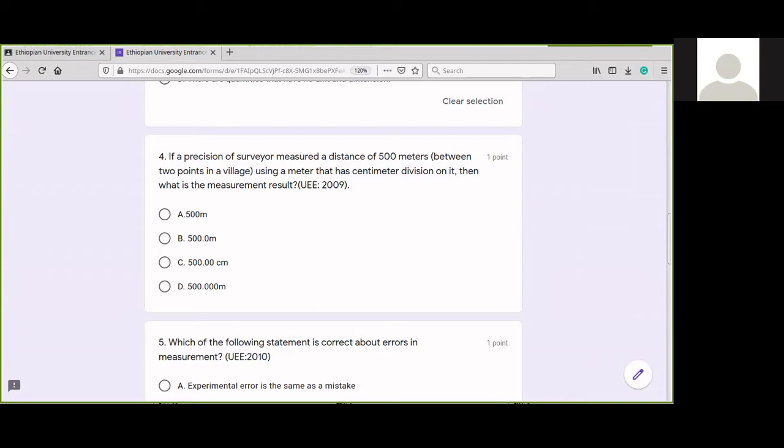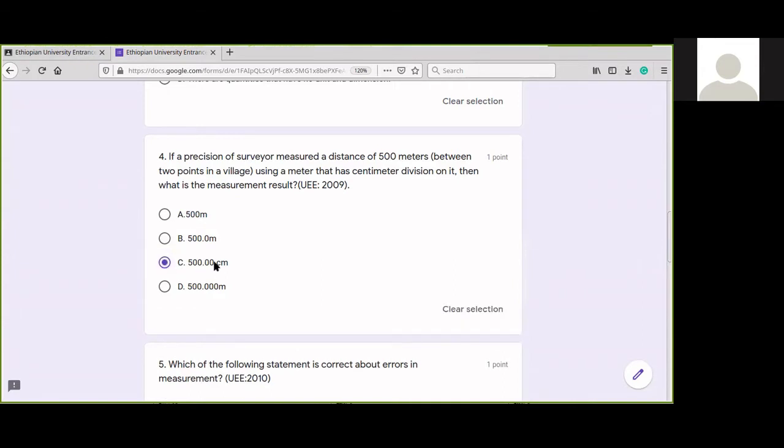Yes. No, option C is not centimeter, meter, sorry. Yes, C. When we express centimeter into meter, we put 0.01, yes? Therefore, option C is the correct answer. Excellent. This unit is not centimeter, it is meter. It is an editing problem.